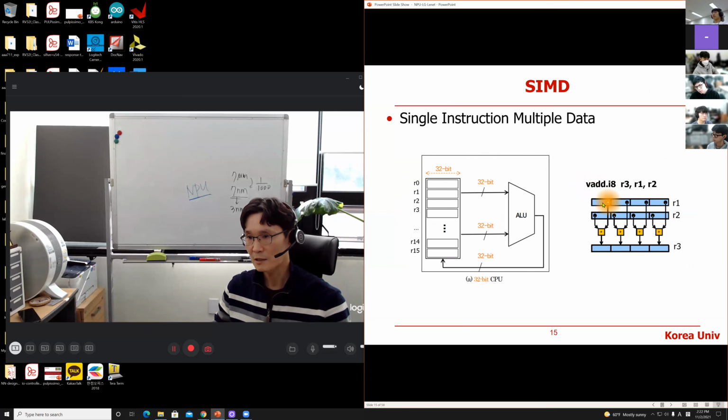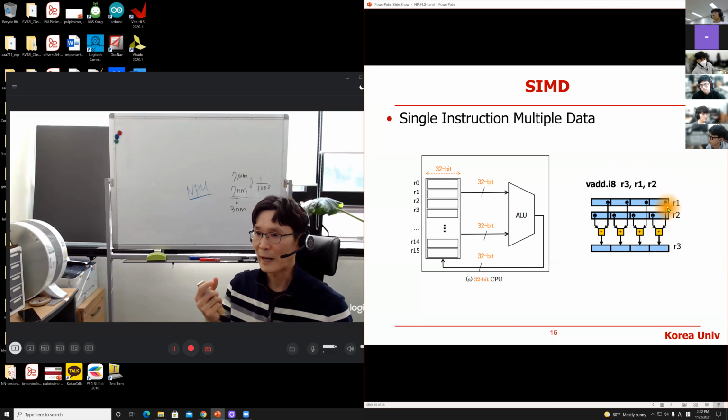So that is R1, R2, 32-bit registers, 4-byte registers, in other words, right? So each rectangle is 1 byte, 1 byte, 1 byte, 1 byte. So I8, right? 8-bit operation. If you execute this instruction, it is a byte addition operation, byte by byte, right?